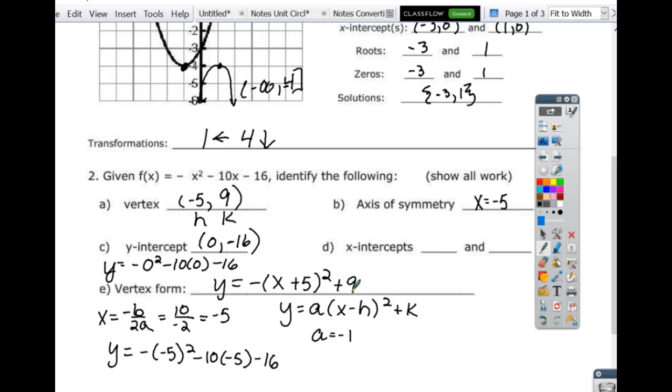Now how do I find the x-intercepts? We're going to factor, what we've been doing for like a million weeks now. So I can't factor a negative, right? So I'm going to take out the negative 1.